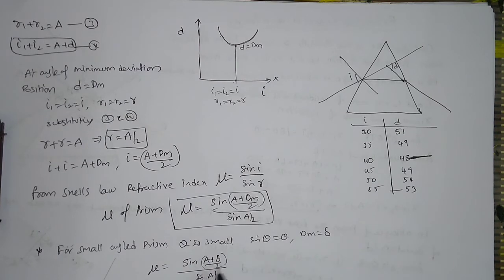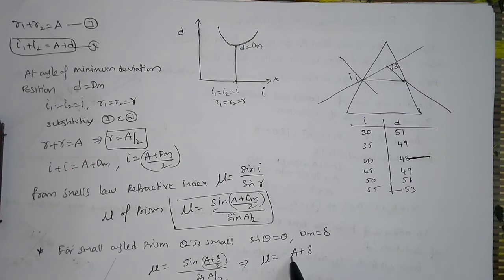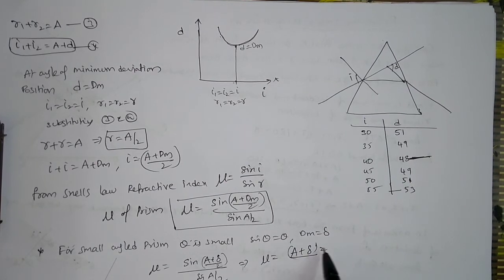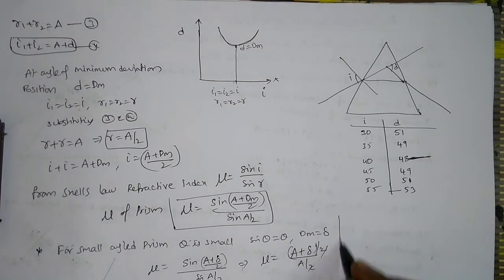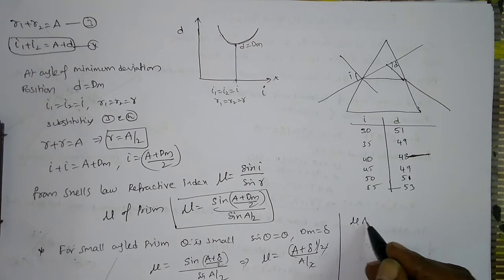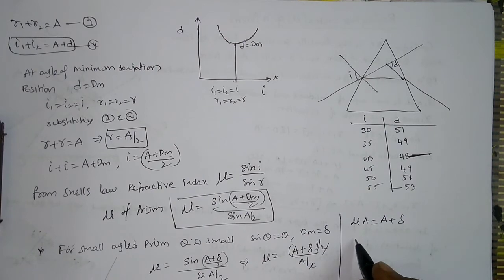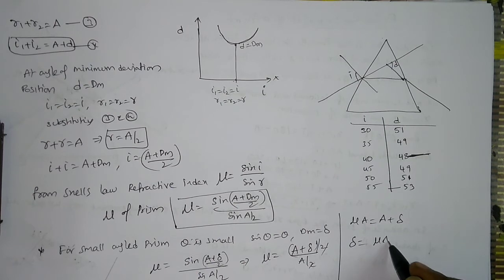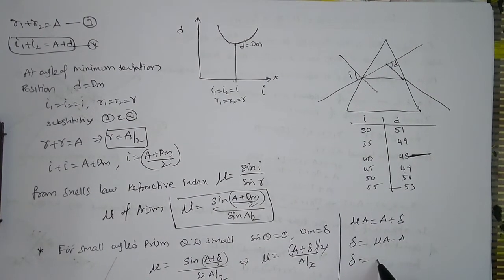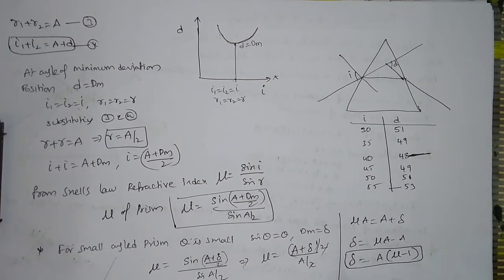Sine will be very small, so neglecting sine, what you will get? Mu is equal to (A plus delta) by 2, divided by A by 2. The 2s cancel, and on cross multiplication, what you will get? Mu A is equal to A plus delta, or simply delta is equal to mu A minus A, or delta is equal to A times (mu minus 1). This is the formula for the small angled prism.